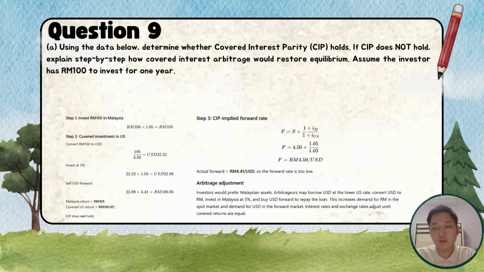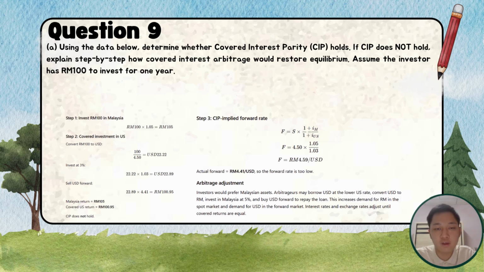I first convert 100 ringgit into US dollars using the spot rate of RM 4.50 per US dollar. RM 100 divided by RM 4.50 equals US dollar 22.22. Then I invest the US dollars at the US interest rate of 3%. US dollar 22.22 multiplied by 1.03 equals US dollar 22.89.